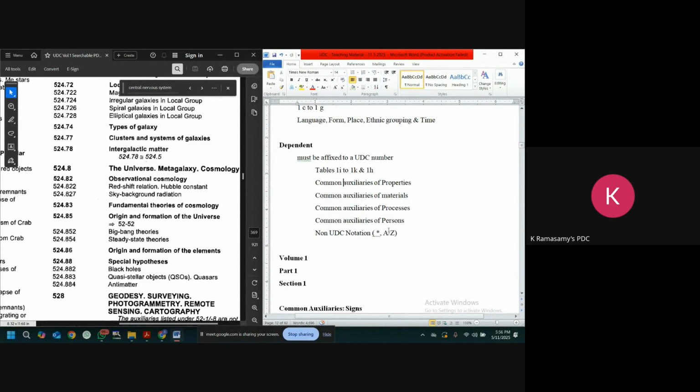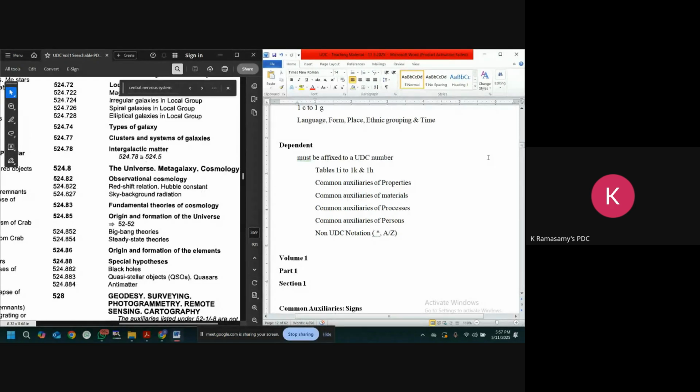These numbers cannot be prefixed. First point. Secondly, these numbers independently cannot form a subject. You cannot write an independent class number just with the help of these common auxiliaries. They are called dependent common auxiliaries because they depend on a UDC number. Only after writing a main UDC number can you write a number taken from these common auxiliaries.